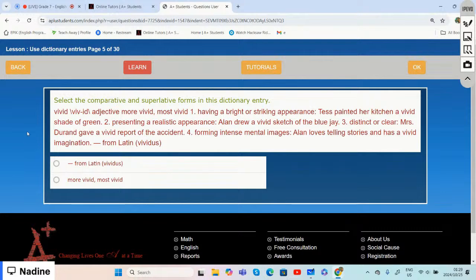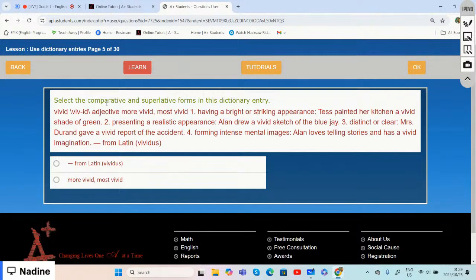All right, the next one says select the comparative and superlative forms of the dictionary entry. It's almost like saying vivid, more vivid, the most vivid.